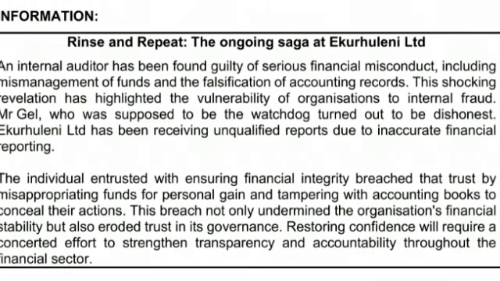The individual entrusted with ensuring financial integrity breached that trust by misappropriating funds for personal gain and tampering with accounting books to conceal their action. This breach not only undermined the organization's financial stability but also eroded trust in governance. Restoring confidence will require a concerted effort to strengthen transparency and accountability throughout the financial sector.